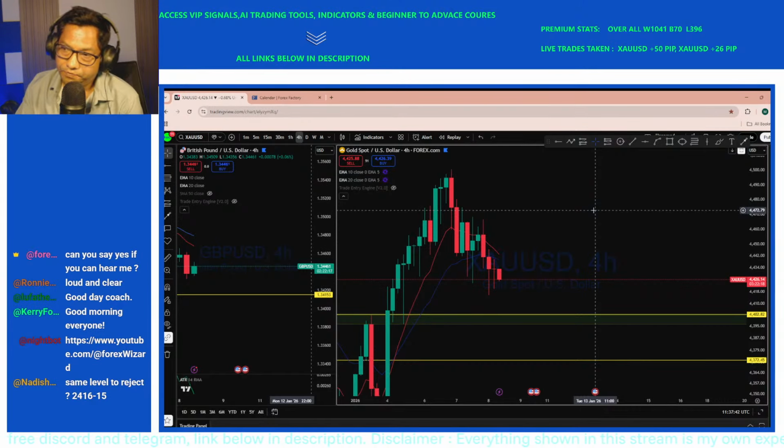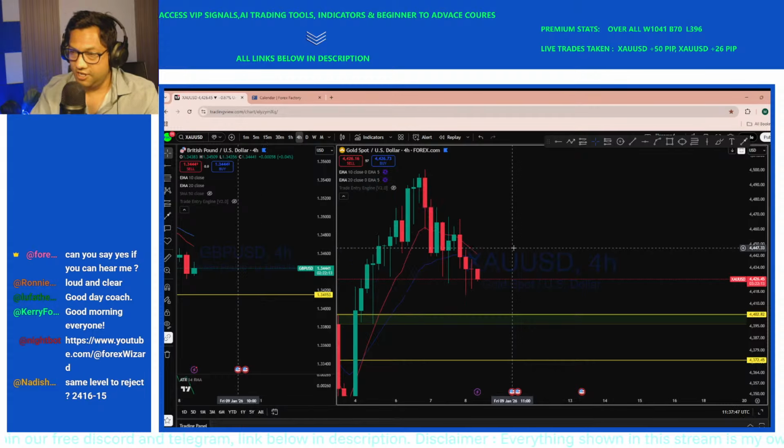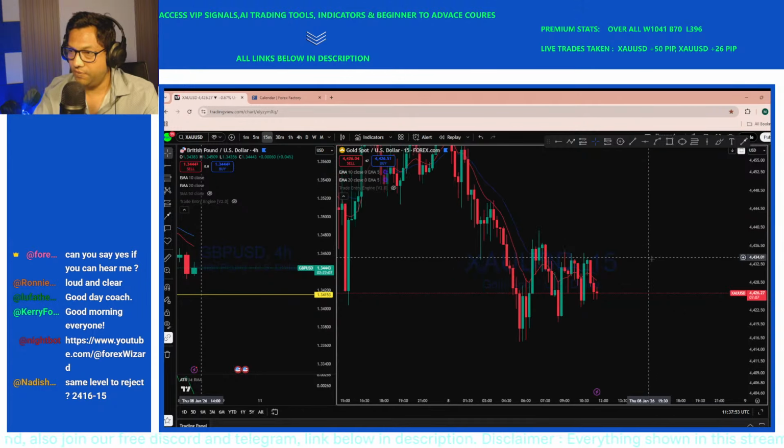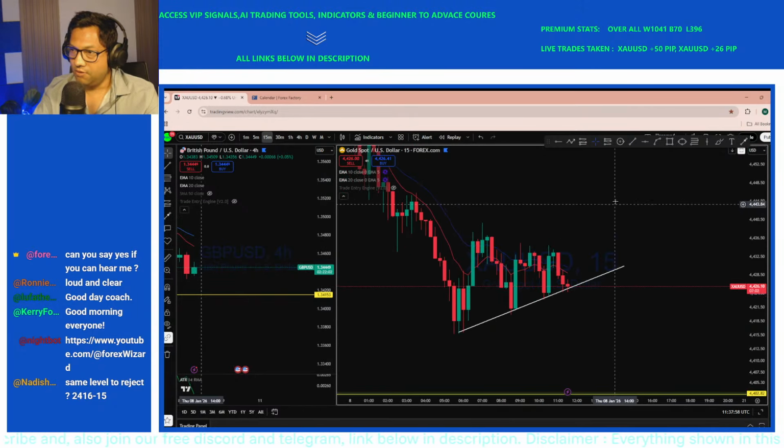Now, at the moment in this area, we can see this market is having a downtrend. So looking at the lower time frame, now I'm looking at this lower time frame. Here is the key. This is a lower time frame trend line, right?